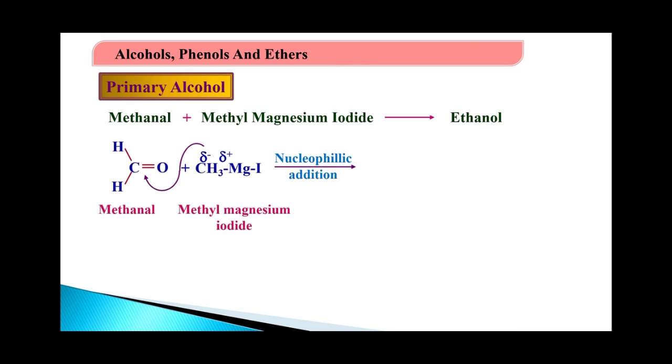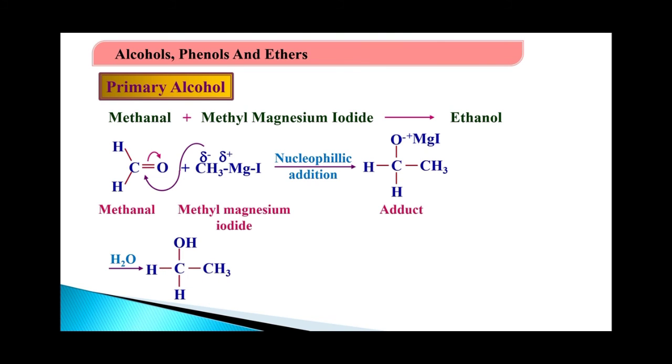See here, CH3 is attached to the carbonyl carbon and MgI is attached to oxygen, and the adduct formed will be H2C(CH3)OMgI. Since CH3 is first attacking, it is a nucleophilic addition. On hydrolysis, that is H2O, oxygen will get the hydrogen, MgI will get the OH, forming CH3CH2OH, that is ethanol, plus MgOHI.